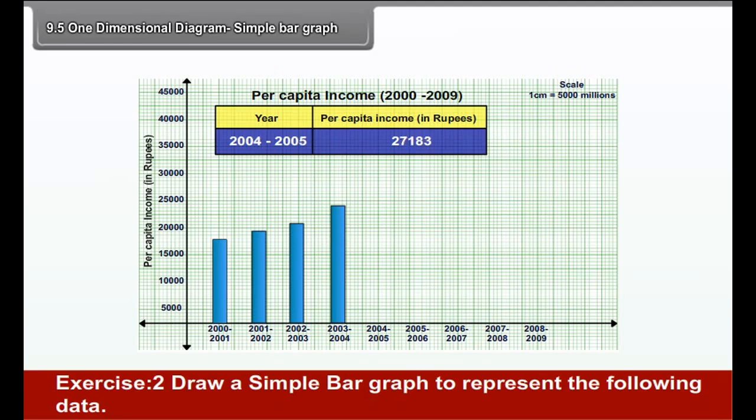Exercise 2. Draw a simple bar graph to represent the following data.